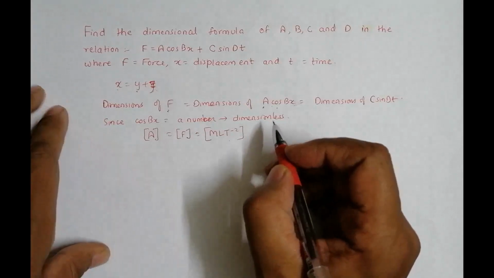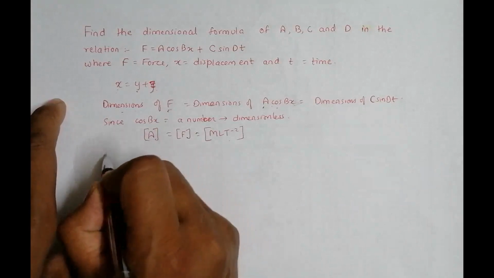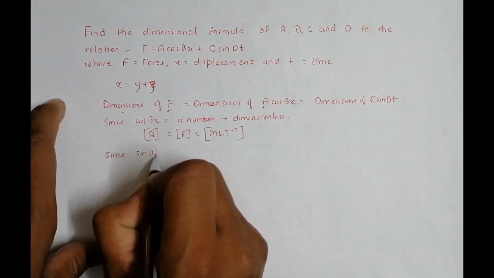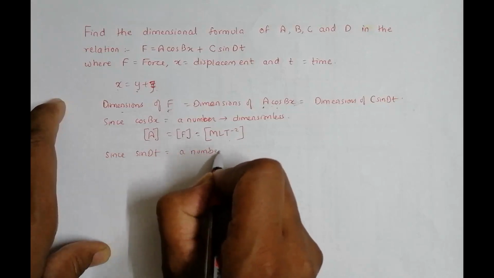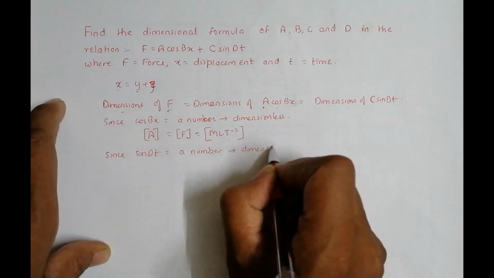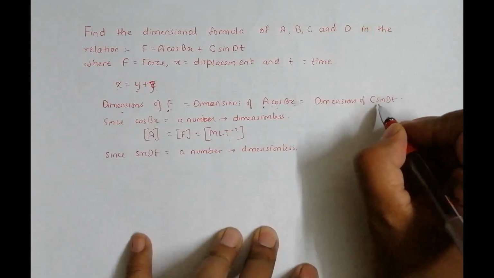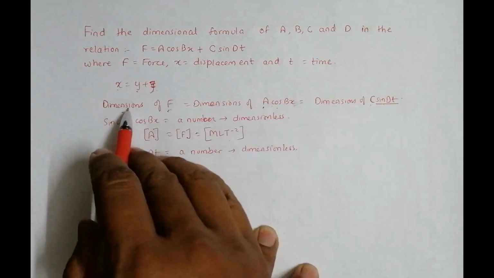Similarly, if I compare this thing and this thing, since sine of anything is a number, it is also dimensionless. So we have a dimensionless quantity into the dimensions of C equal to the dimensions of force.